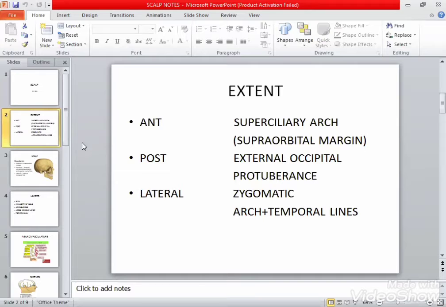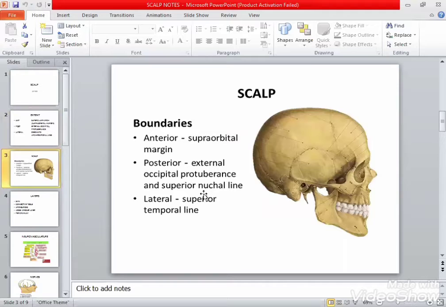Anteriorly, it's bounded by the superciliary arches, also known as the supraorbital margin. Let's see here, over here, this is the supraorbital margin. Let's annotate its boundaries for you.